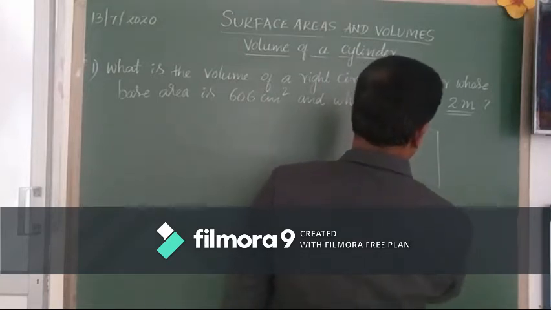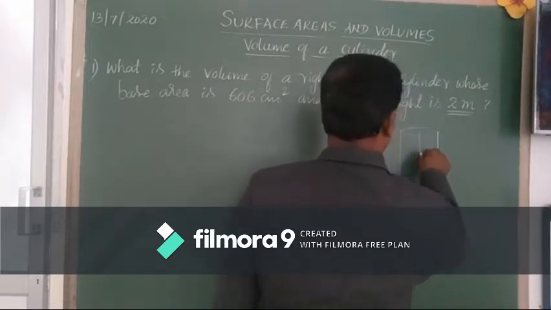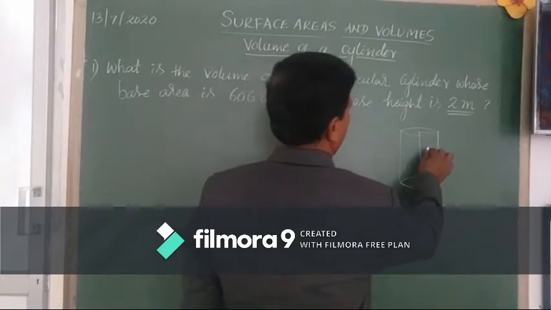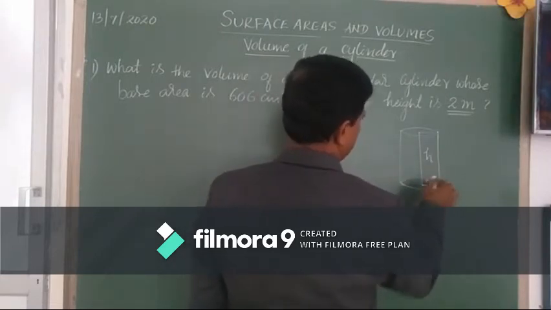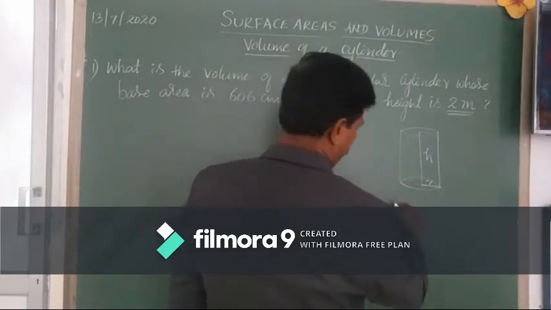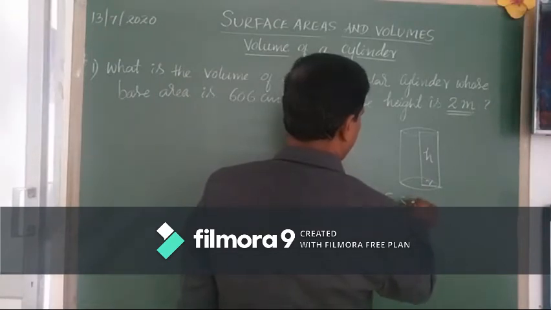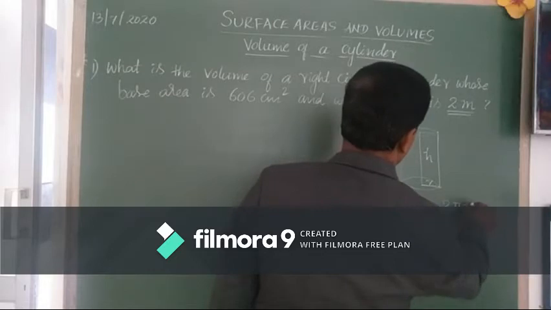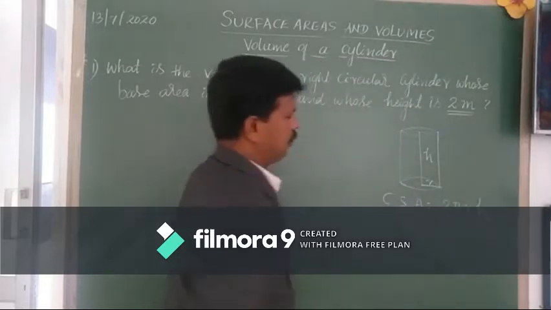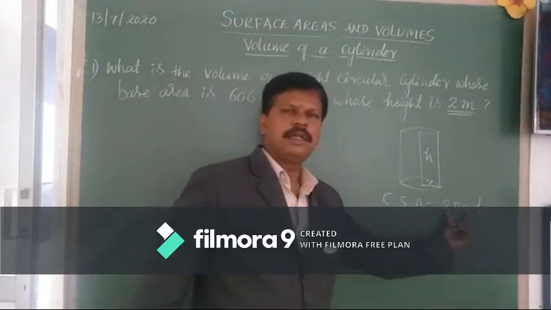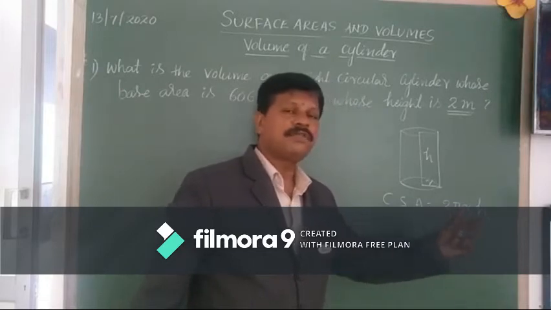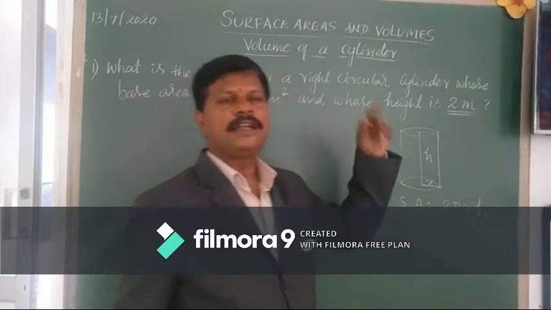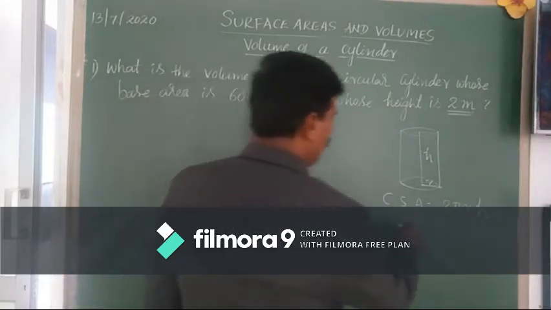Look at this. This is a cylinder. This is the height and this is the base radius. Just recall, curved surface area is 2 pi r into h. Here 2 pi r is the circumference of the base circle, and h is the height of the right circular cylinder.